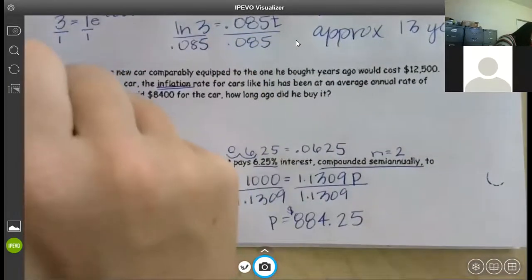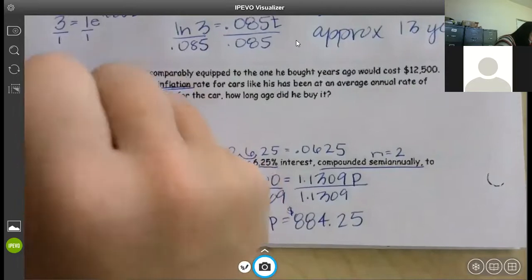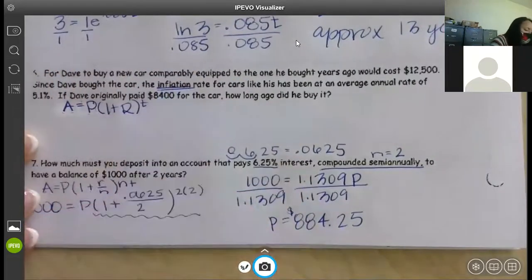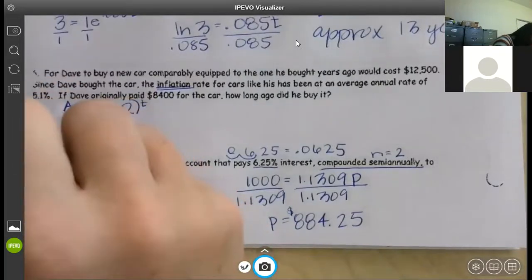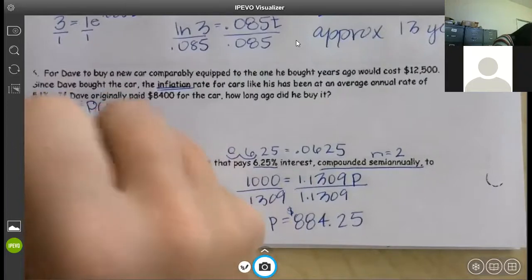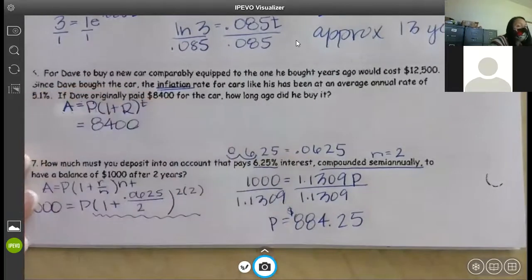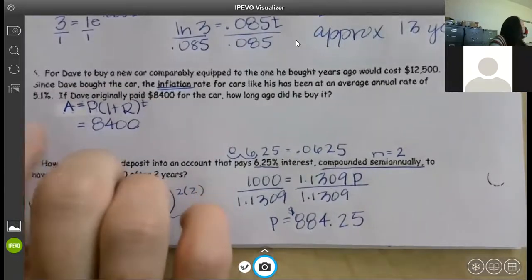A equals P times 1 plus R to the T. And again, it's plus because it's inflation. What was it originally? 8,400. That 12,500 is where I'm going now. How much would it cost now?